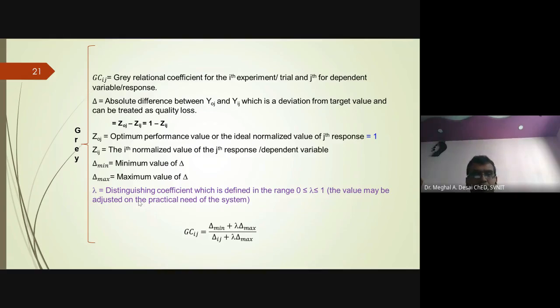The value can be adjusted on the practical need. So as I have taken the example of this clove oil, over here I need to decide which response is important for me, oil, eugenol, or its application. So my literature survey and the experience says that if I'm able to get higher amount of oil, then anyway I'm able to sell it.